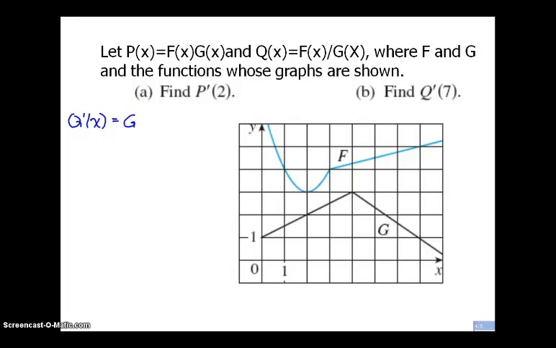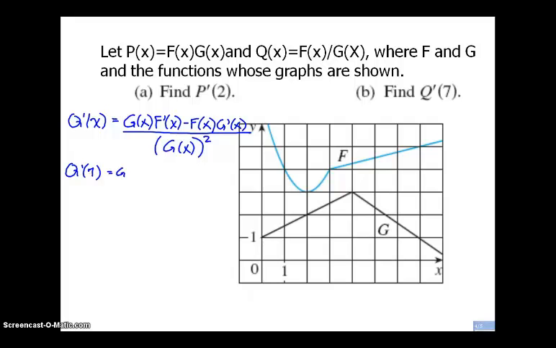We know it's bottom d top minus top d bottom over bottom quantity squared. Then we're going to show the AP reader that we're going to find q prime of 7.